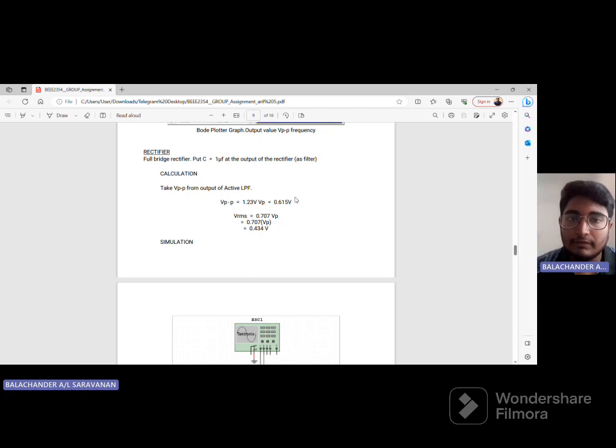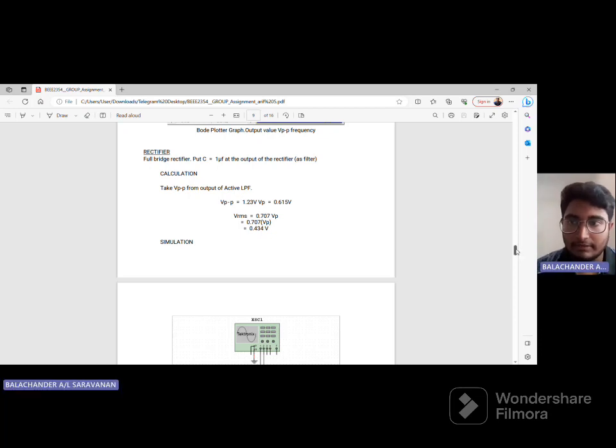We do this to find the VRMS. The formula is VRMS equals 0.707 times VP. With the peak value of 0.615, we get 0.434.